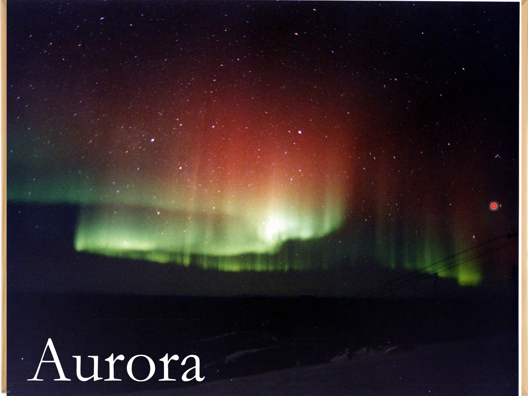Now, one of the most beautiful events that happens in Earth's atmosphere is your aurora. Sometimes it is called aurora borealis if you find it in the North Pole, and then we also have your aurora australis if you find it near the South Pole.